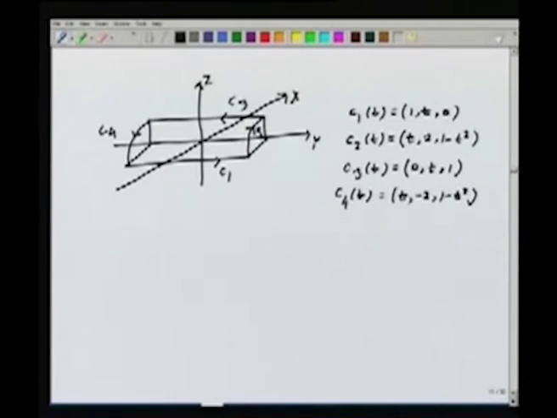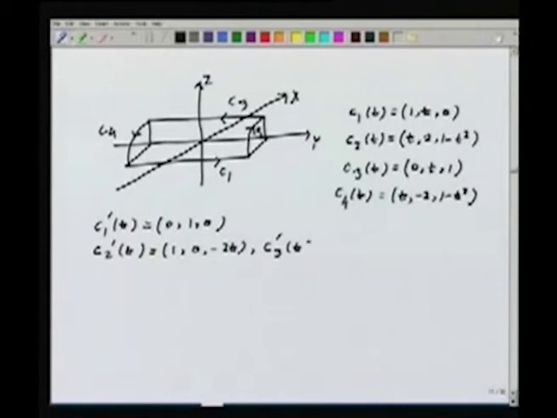Okay. Once I know all this, I can calculate the primes also. So C1 prime t is (0, 1, 0), C2 prime t, that is (1, 0, minus 2t), C3 prime t, that is (0, 1, 0), C4 prime t, (1, 0, minus 2t).